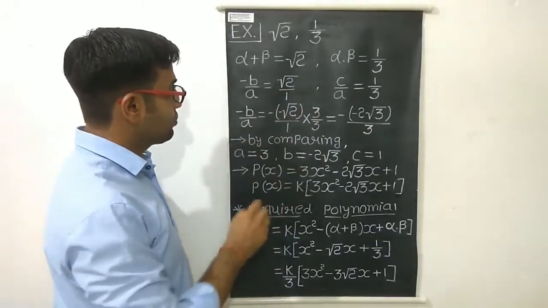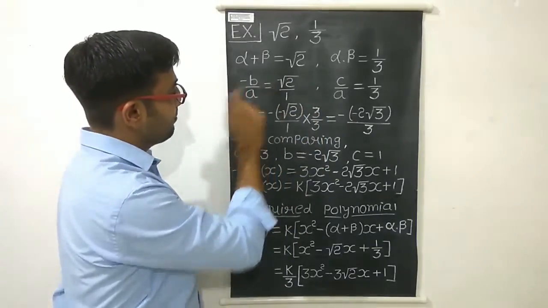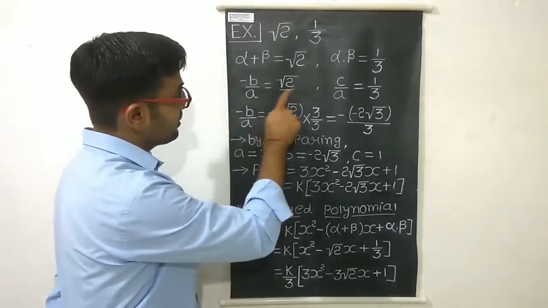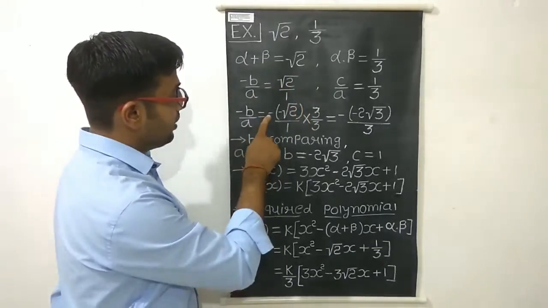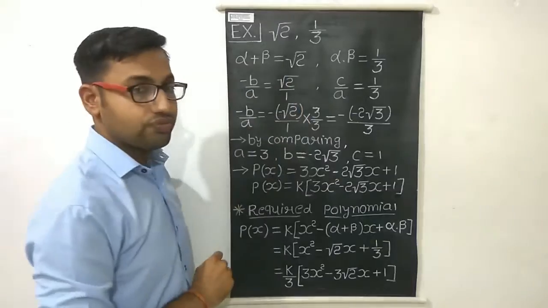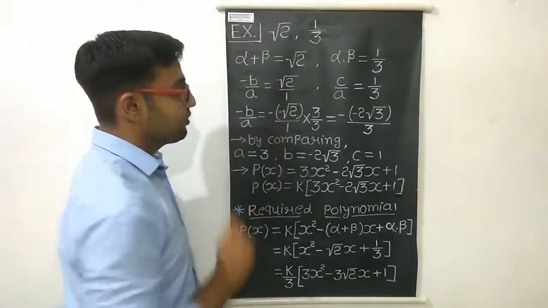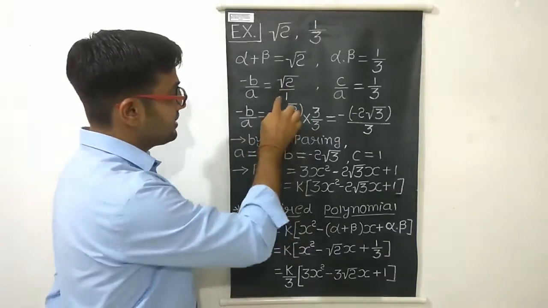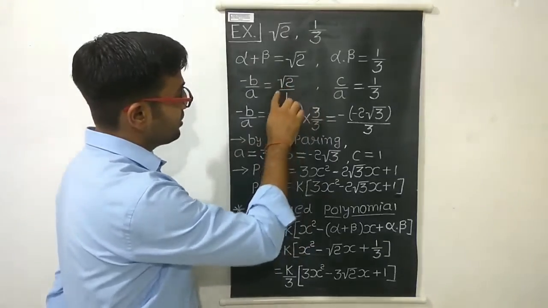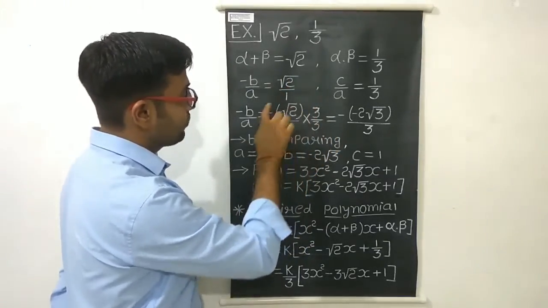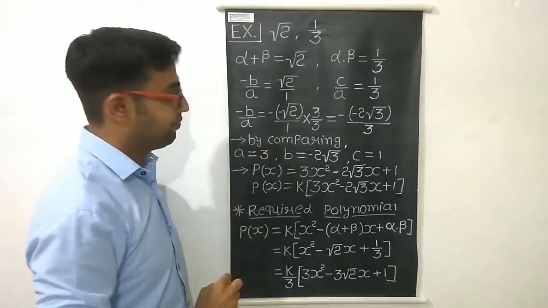Also, we know that there must be a minus sign, but there is no minus sign here. So we can write it as minus of minus root 2, because minus minus becomes plus. So we are not actually changing this value, we are just representing it in another form.